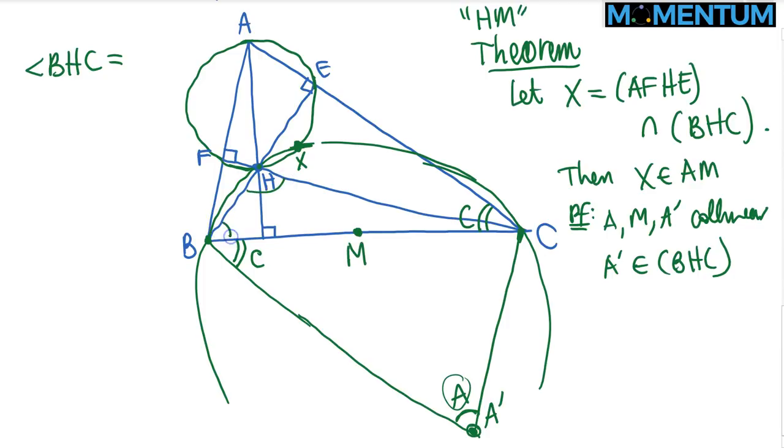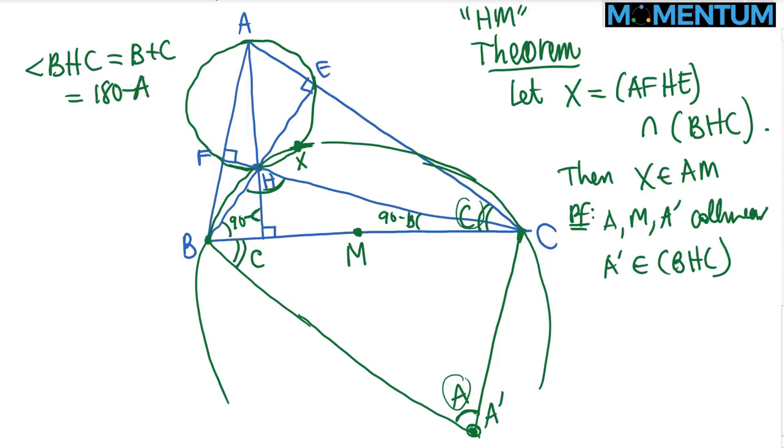First of all, this angle is just 90 minus C, because on right triangle BEC, obviously if this angle is C, this one should be 90 minus C. By the same token, if you focus on right triangle BFC, this angle here is 90 minus B. So angle BHC on triangle BHC would simply be B plus C, which, focusing on triangle ABC, is the same thing as 180 minus A, and boom.